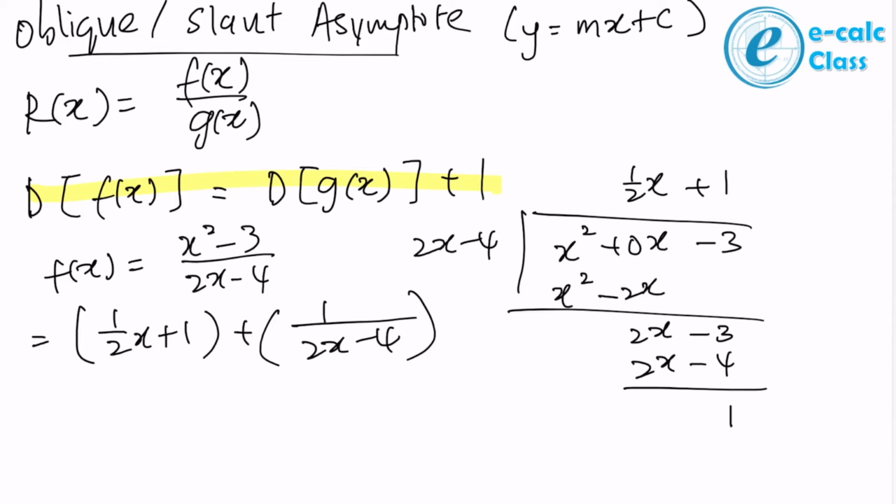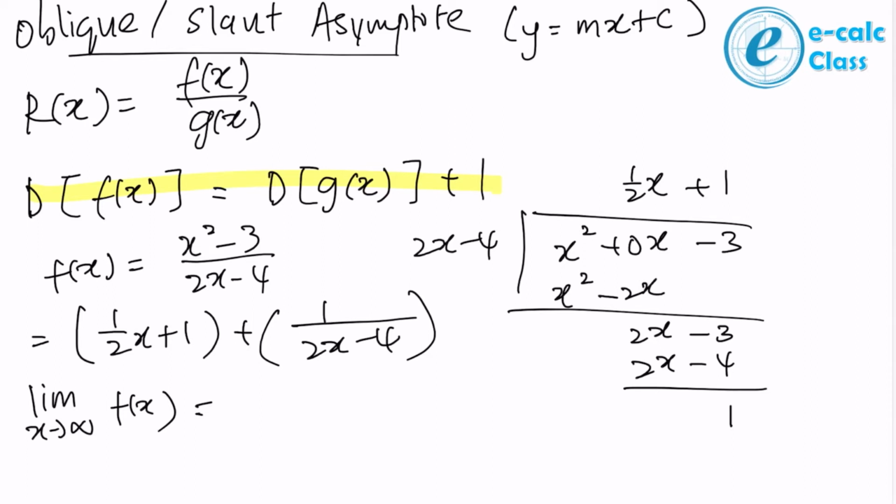And when you see this kind of thing, you ask yourself, when we talk about asymptotes, it's always dealing with infinity. The reason I discuss it now is because I want to show you the concept of limits here. So you ask yourself, what happens when x approaches infinity for this function?